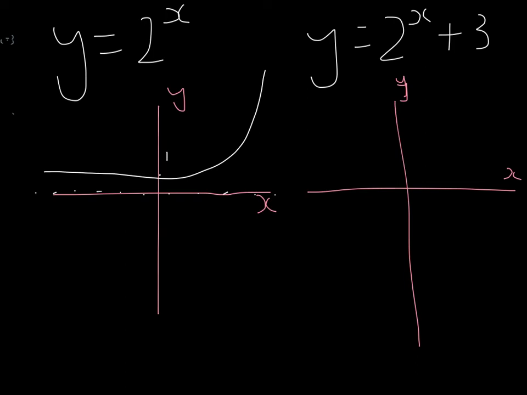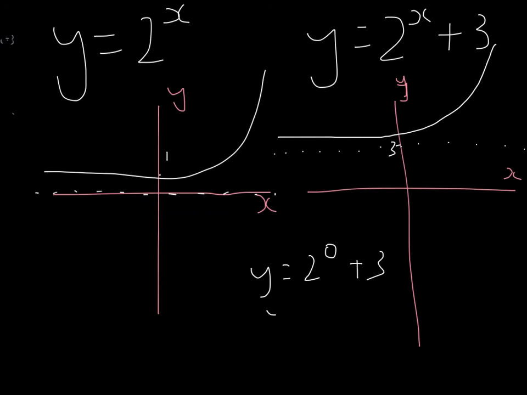This time, in our second graph, because we have a plus 3 there, it moves our asymptote up from 0 to 3. We get the same shape, but now we need to find our y-intercept. So x equals 0, y equals 2 to the power of 0 plus 3, y equals 1 plus 3, y equals 4. So that is the point (0, 4).